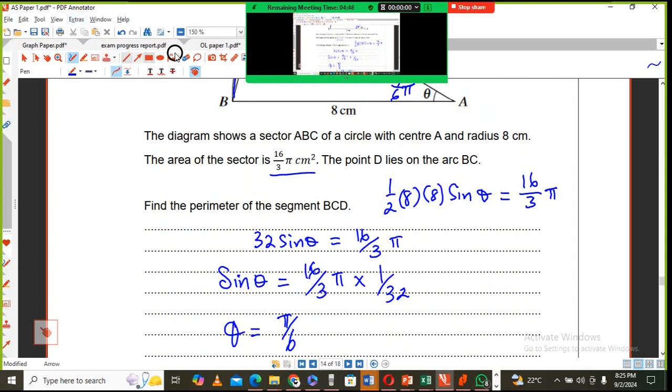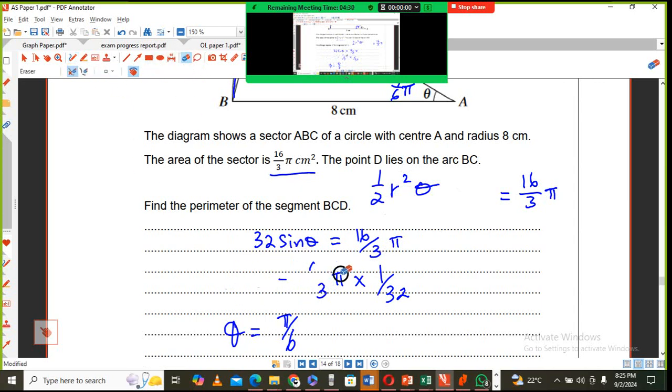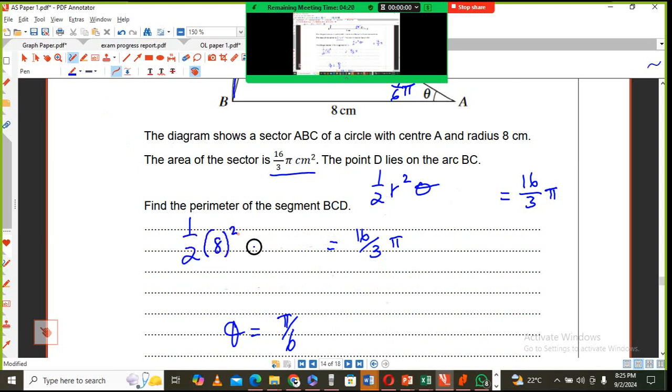Here we must use the area that is given: half r squared theta. Let me just clean this up. You see, Natalia, we got it. So it's a half, r is 8, theta.